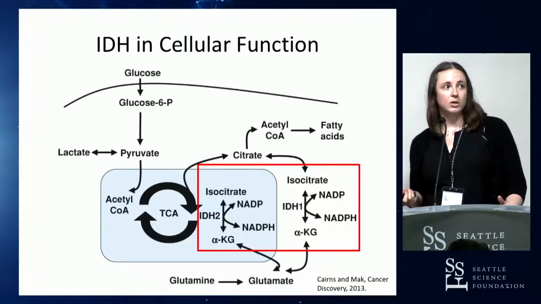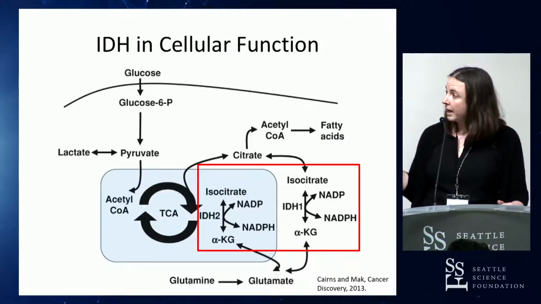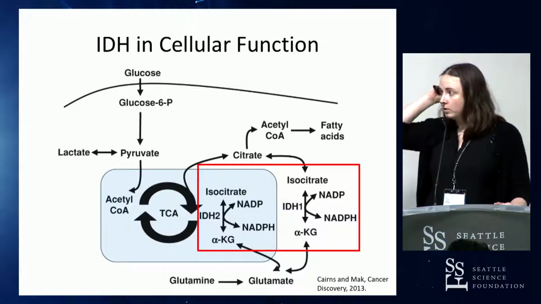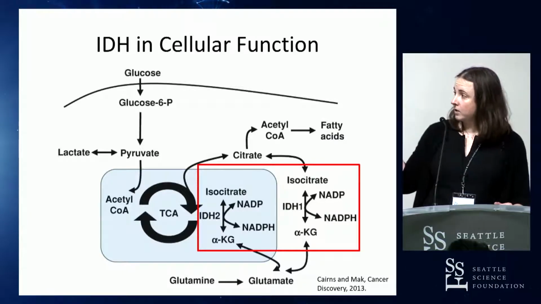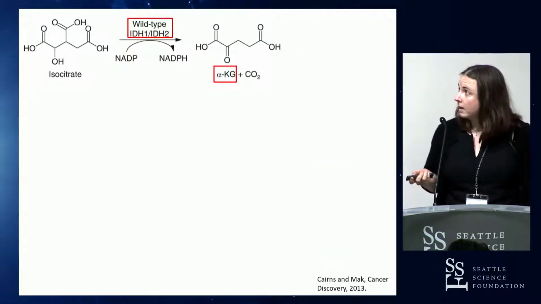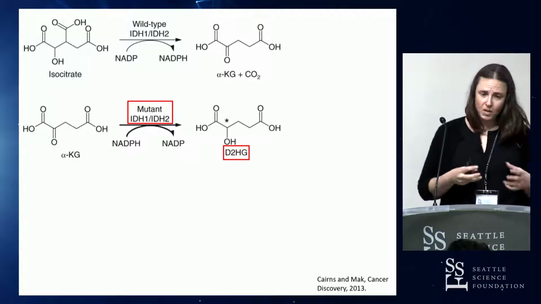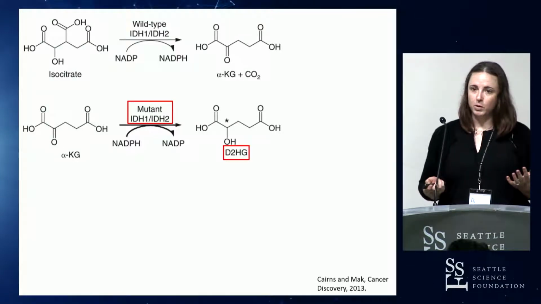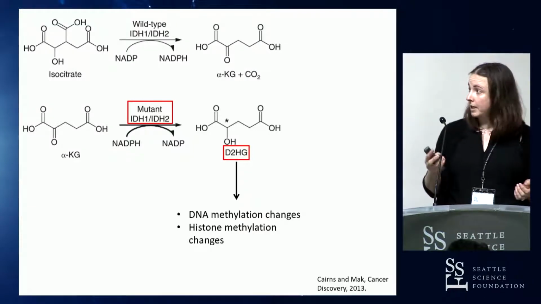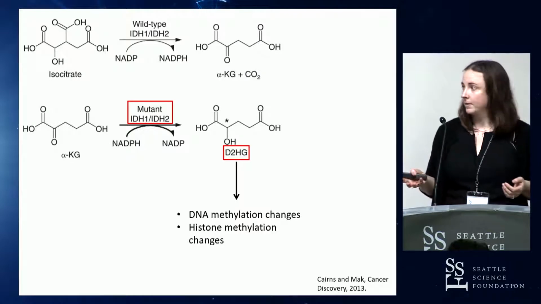And so isocitrate dehydrogenase is an enzyme that's part of the Krebs cycle, and there's a component of it within the mitochondria as well as within the cytosol, and it converts isocitrate to alpha-ketoglutarate normally. And so in the mutated form, you get dihydroxyglutarate, which is considered to be a mutant protein, and we're still sorting out exactly the function of this protein in how it's regulating and impacting tumors and driving them.